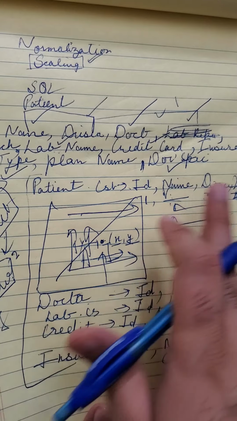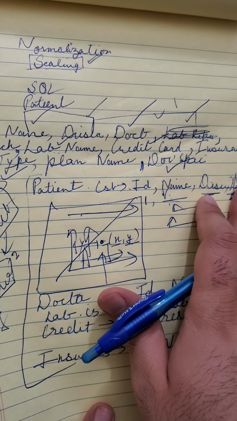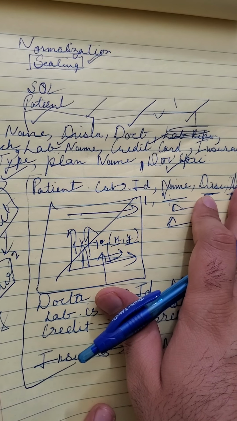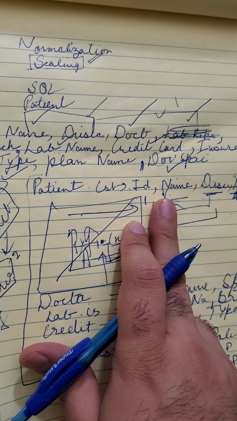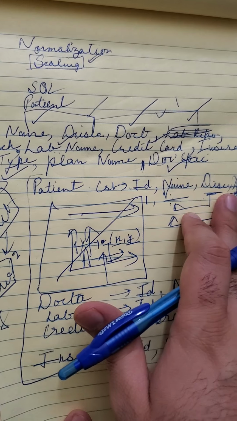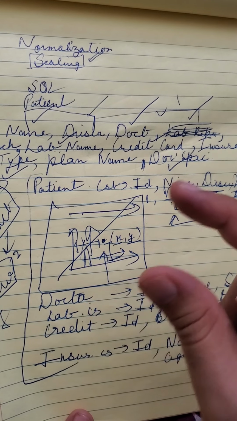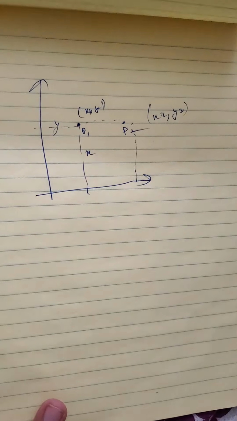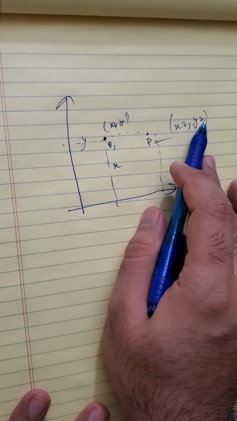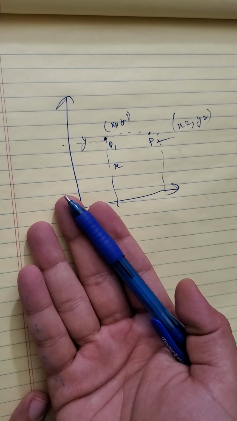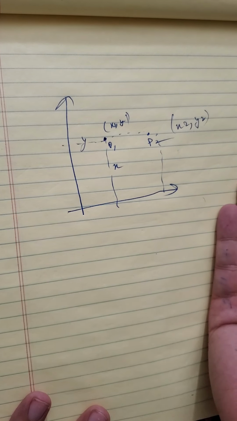As soon as the patient is released, the discharge date would be updated, right? So this dimension basically carries the data, and from the data we get to know the life of data, the life. So x1 changes to x2, y1 changes to y2. That means dimensions can handle change.